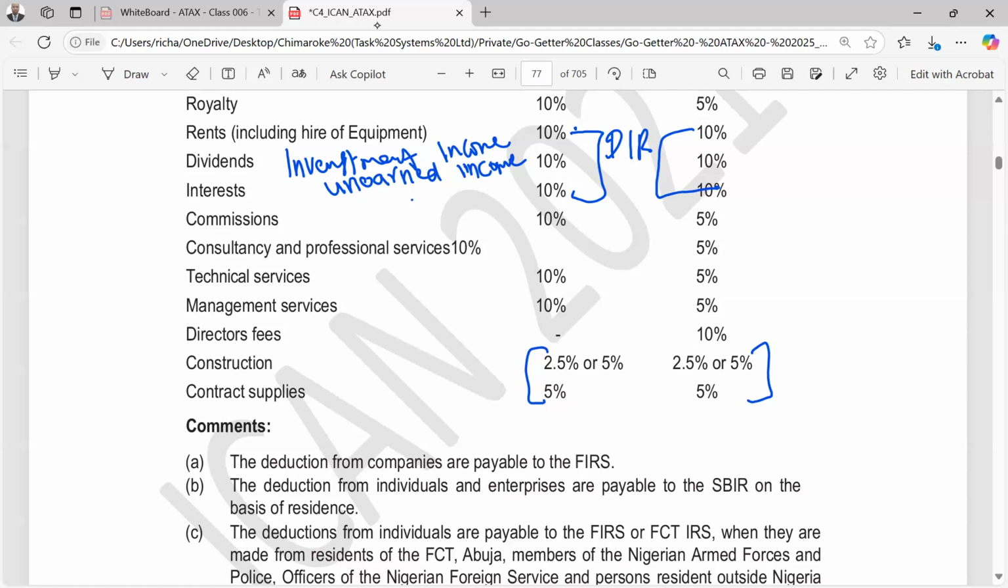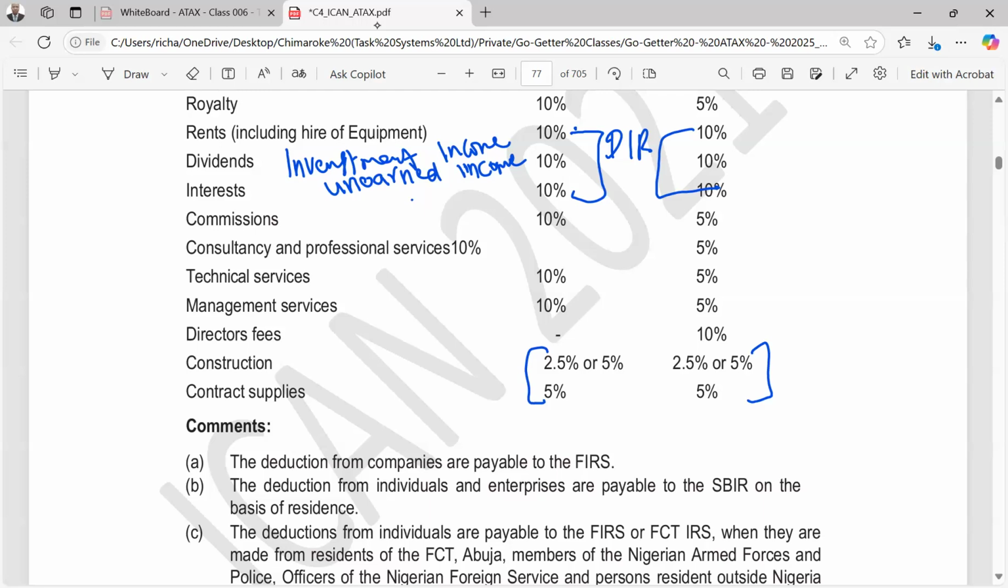So the DIRO, see why I call it DIRO? DIRO, the individuals are getting 10%. Now come and add director's fees. It's still DIRO, right? In spelling. Individual also gets 10%.